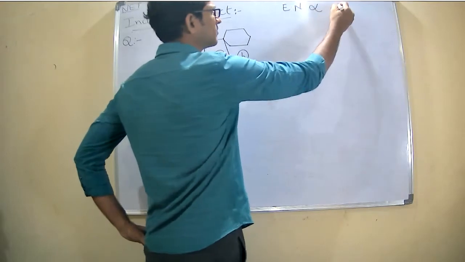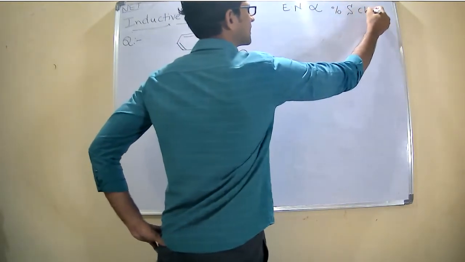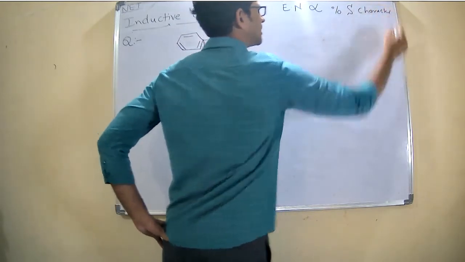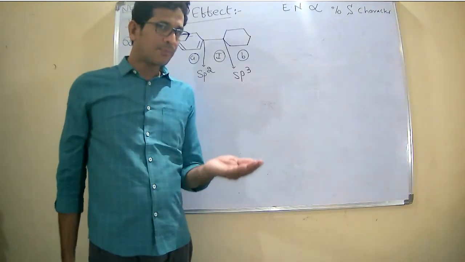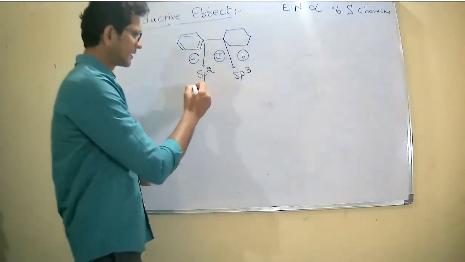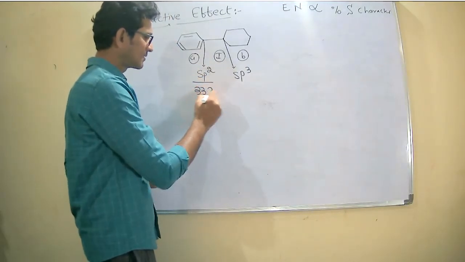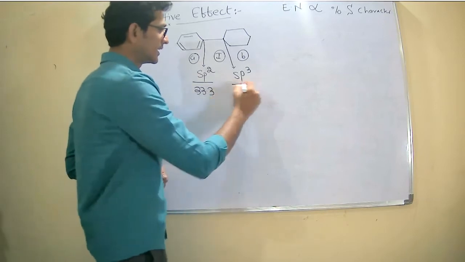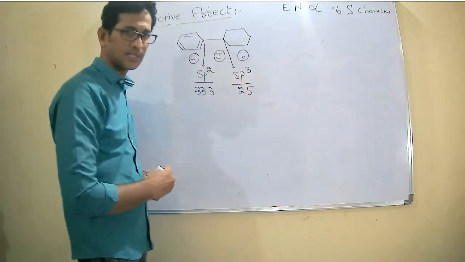Electronegativity is directly proportional to the percentage of S character. As the S character increases, electronegativity increases. In this case, the percentage of S is 33.3, and in this case, the percentage of S is 25%.